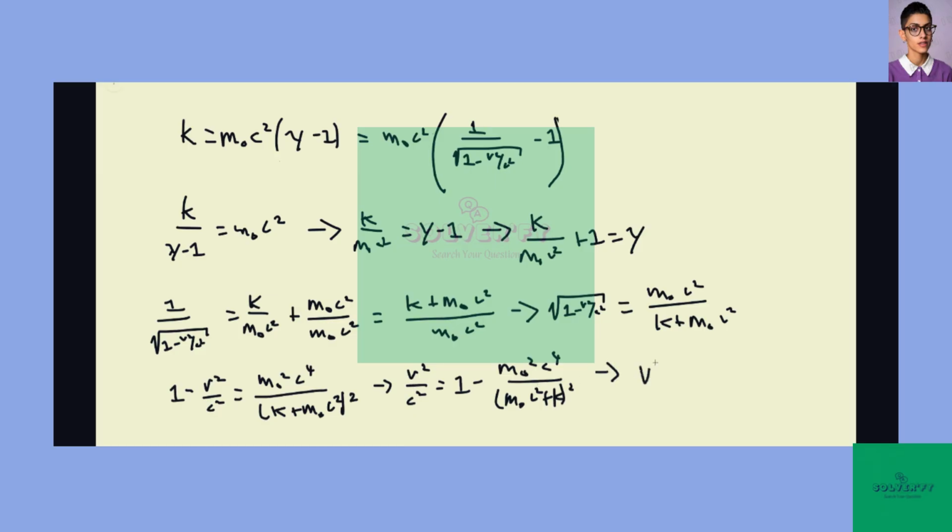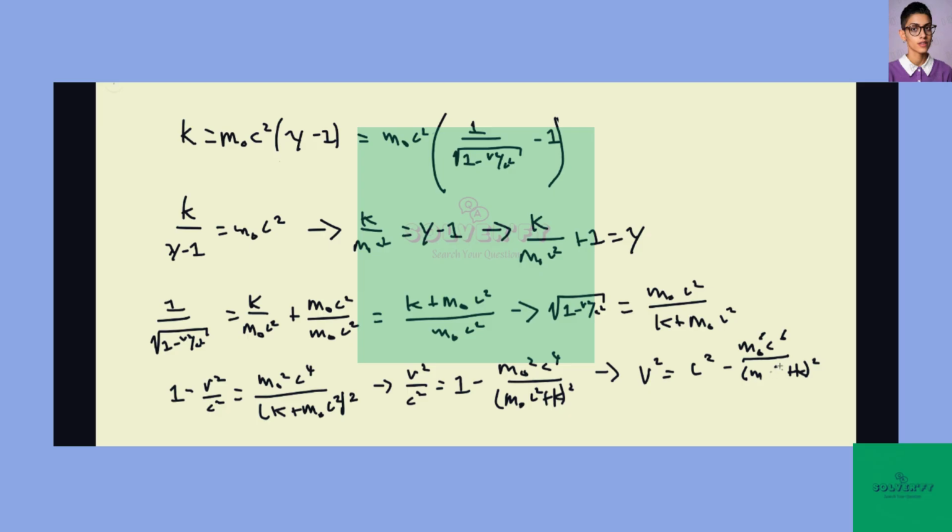We've got v squared equal to c squared minus m0 squared c to the sixth divided by m0c squared plus K, squared.